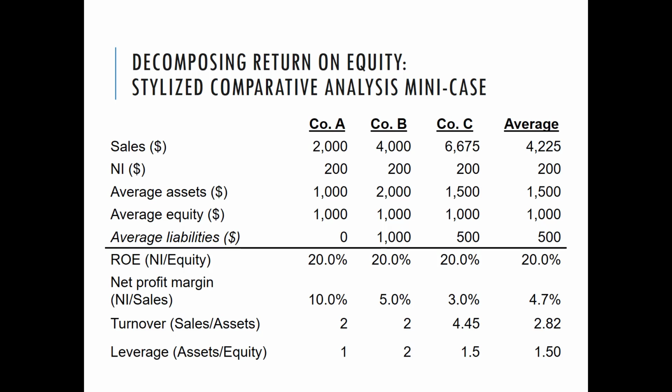But how they're actually getting there is slightly different. Company A is doing it by maximizing margins. Company B is doing it primarily through the maximization of leverage, and company C is maximizing the turnover of the firm, so essentially asset efficiency. So they're arriving at it in different ways.